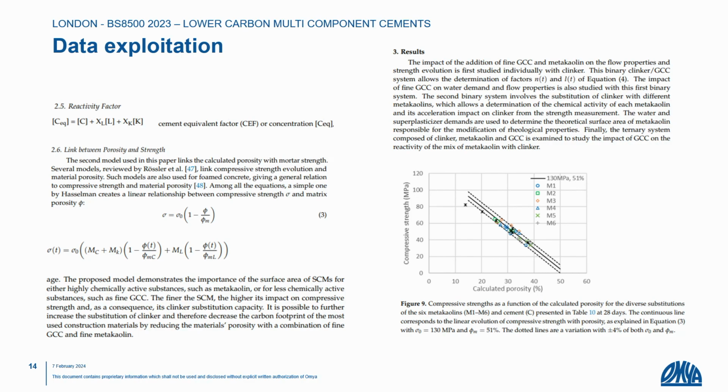But what is important is not that. The key point is just to show that depending on the calcined clay selected in this system, the higher the fineness of the calcined clay, the higher the contribution to the strength.